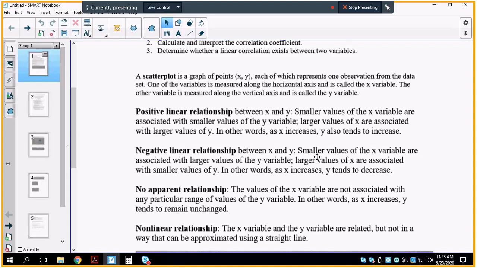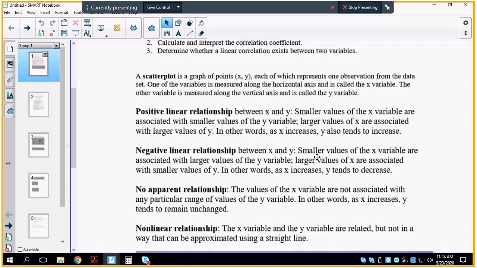A positive linear relationship between x and y will imply for smaller values of the x variable, we will be able to associate smaller values of y variable, whereas larger values of x variable will be associated with larger values of y variable. In other words, if x increases, then we would be able to say y also tends to increase.